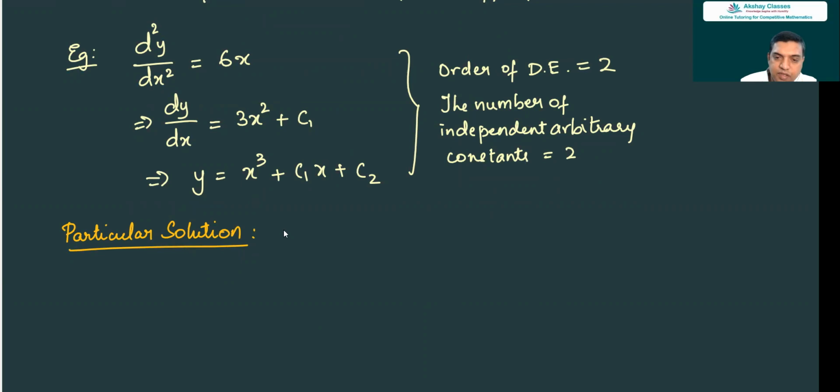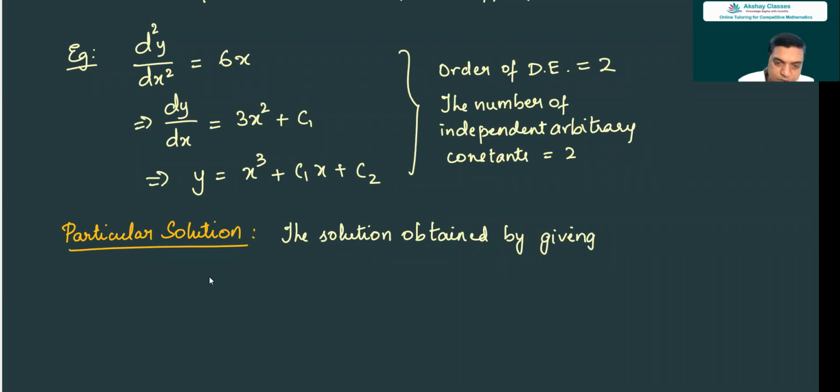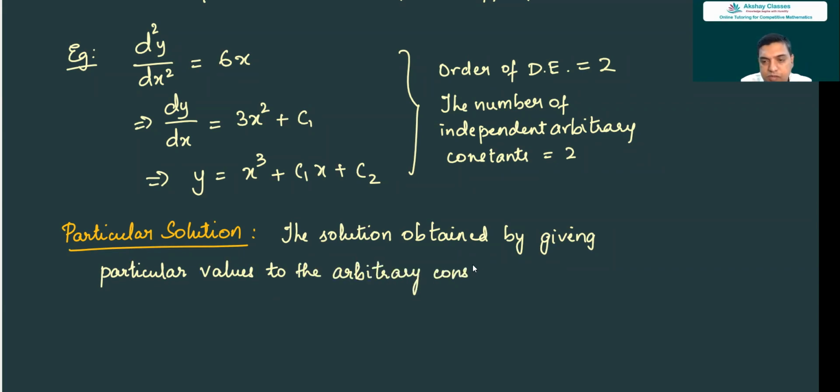The solution obtained by giving particular values to the arbitrary constants in the general solution is called a particular solution.